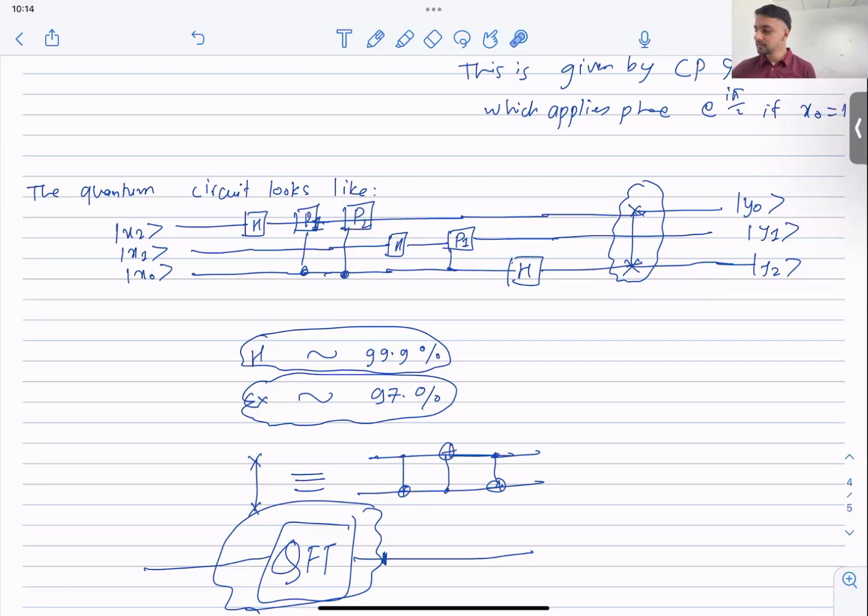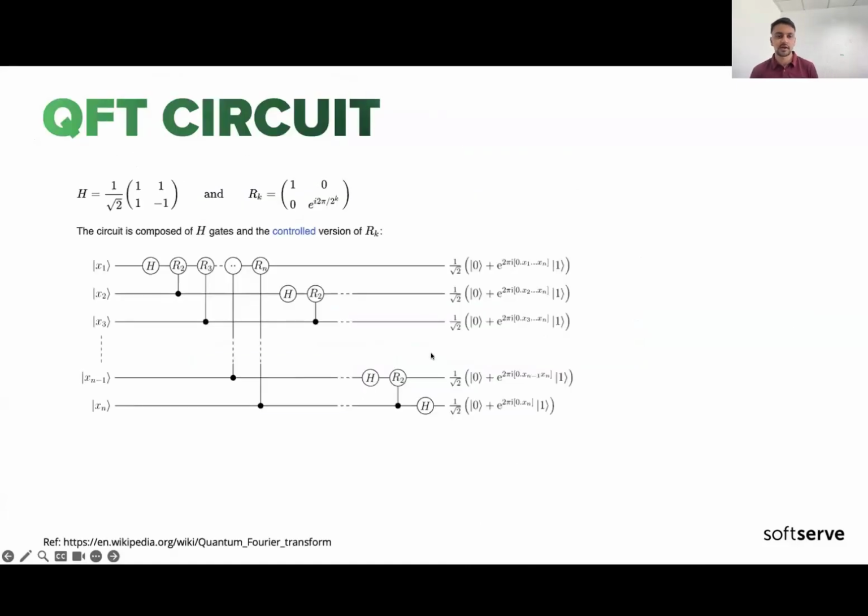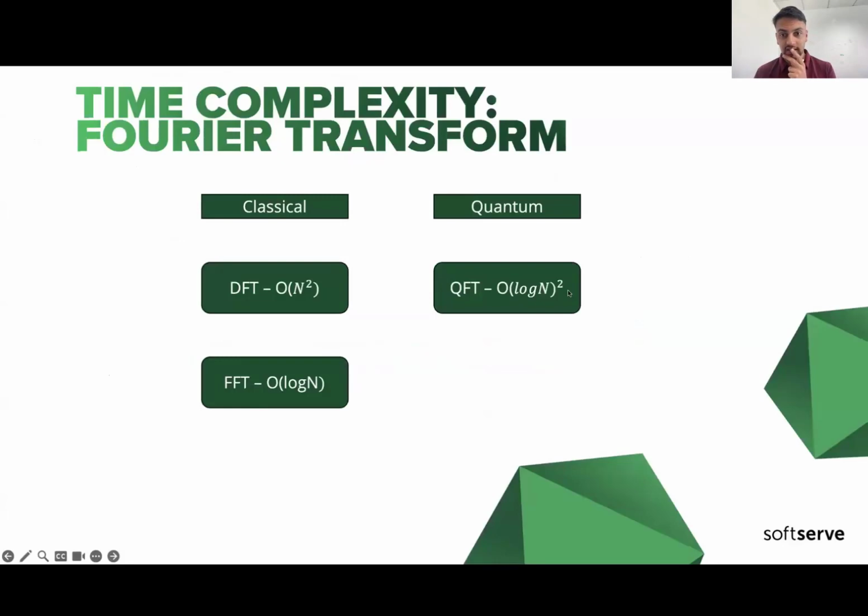All right, so I'll move to my slides. So yeah, this is what the circuit looks like. Now, the nice thing with this QFT is if you look at the number of operations that you applied, it will actually turn out to be log n squared.